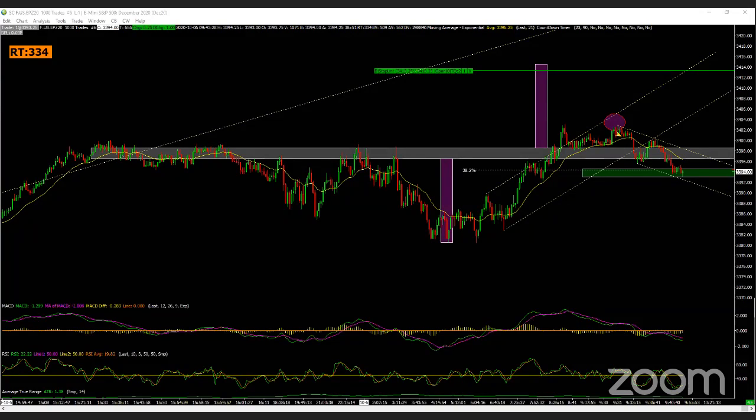I'm going to pull my order. I'm not too sure that it's going to want to go up right now. We're going to wait to see what's going to happen, unless we get a really nice big green candle over the EMA.